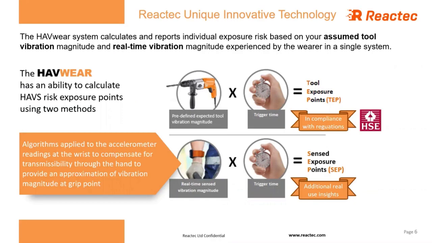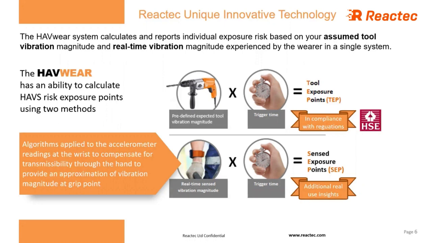Before going on to illustrate how the RASOR device works in conjunction with HAVWEAR to help training operators in use of the tool, as a reminder, HAVWEAR as a monitor of hand-arm vibration has two distinct ways of giving you hand-arm vibration exposure data, and it gives you both sets of data available for you to analyse either separately or together.